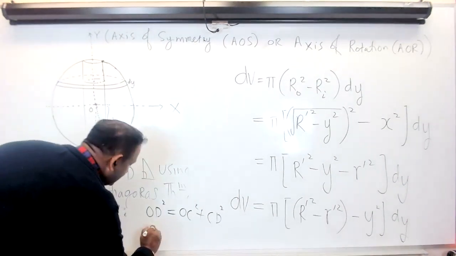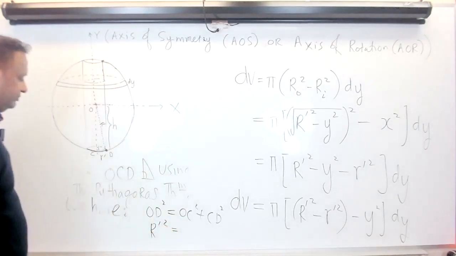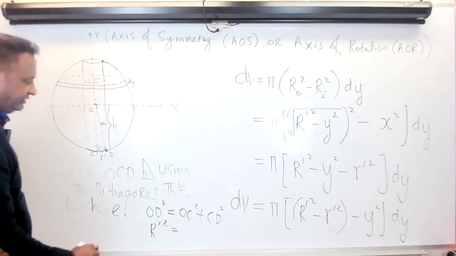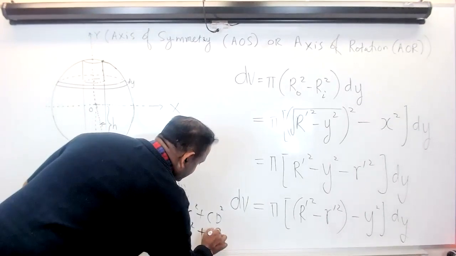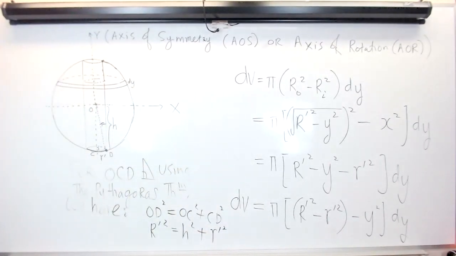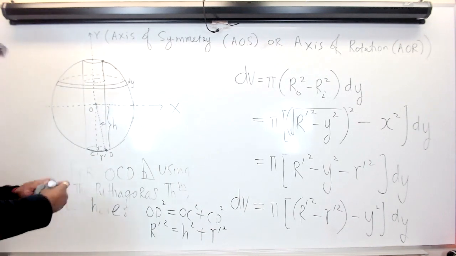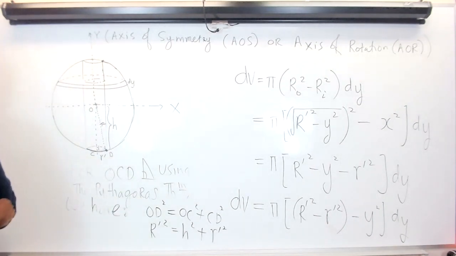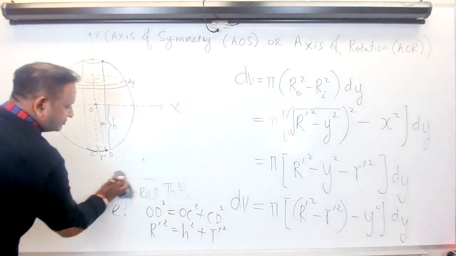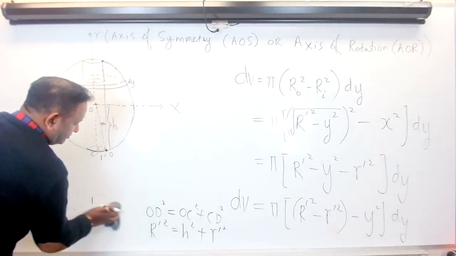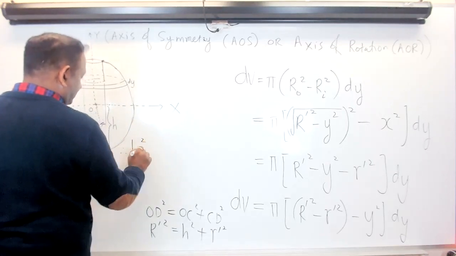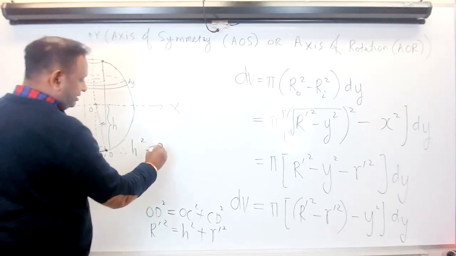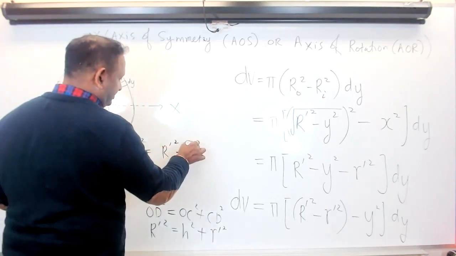So this one is R prime squared. This OC is H squared, plus this one is simple R squared. Then you can easily find H. Therefore, H squared equals R prime squared minus simple R squared.